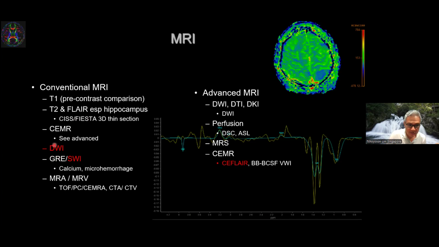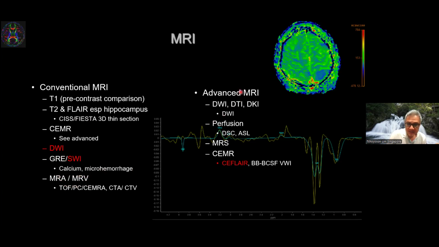I highlighted diffusion and SWI because they are the currently newish types of pulse sequences that are extremely sensitive to abnormalities, particularly during the time of COVID. So we shall see examples of how these are helpful and useful for identifying small lesions. Once in a while, it may be necessary for us to obtain MR angiogram and venogram for complications.